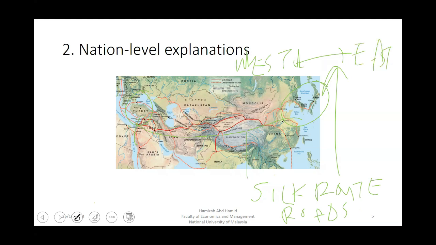Hundreds, thousands of years back, we do not have internet, we do not have telephones. So all communications, all trade information are being transferred through physical transportation. And in this journey, a lot of countries are trading with each other, they are competing with each other.